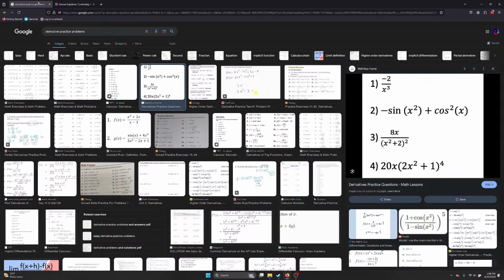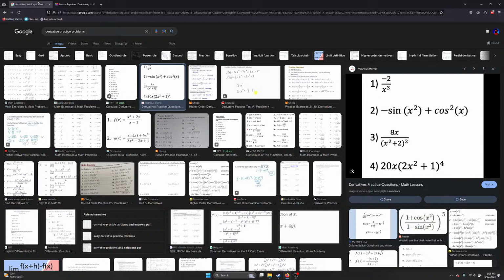Wait, let me recalculate this. The derivative of that is just 8, and then the derivative of the bottom part of number 3. That's 8x cubed.